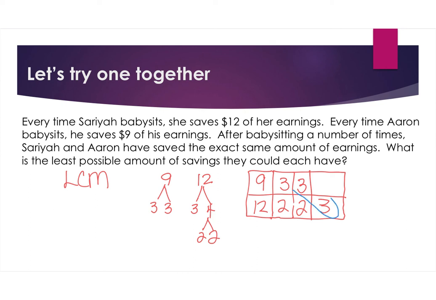So we have 3 and 3 that are common. So the ones in common are 3. And then we have to multiply that by every other number in the factors. So I have to multiply it by the 3, the 2, and the 2.